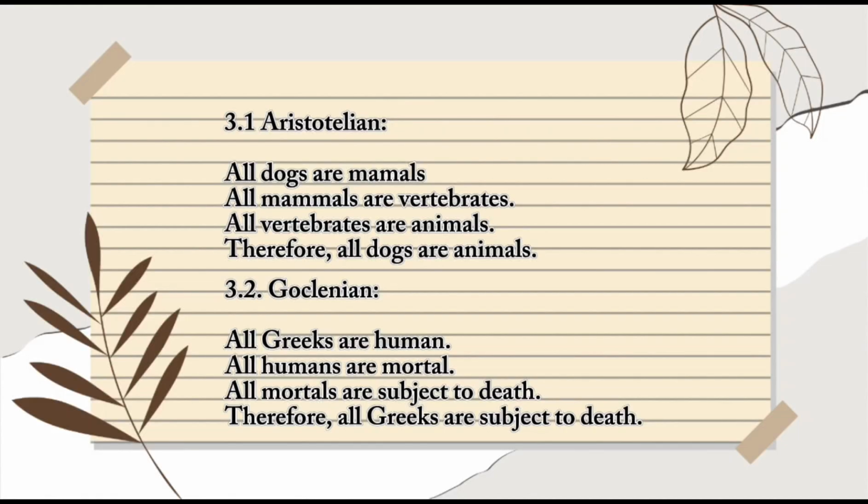So, here, the predicate, the human in the first premise, becomes the subject in the second premise and so on, until the conclusion forms. So, Goclenian sorites is similar to the Aristotelian sorites, but it's a bit more complex. It involves a series of premises where the predicate of one premise becomes the subject of the next premise.